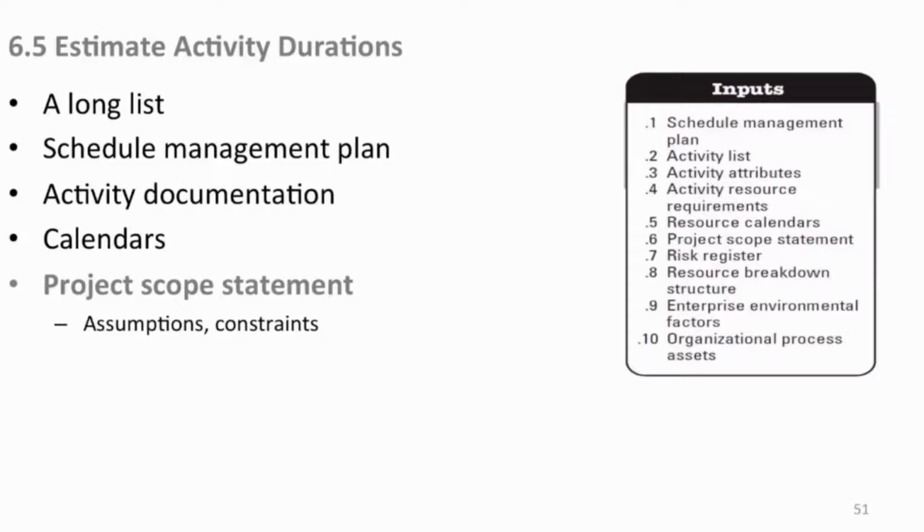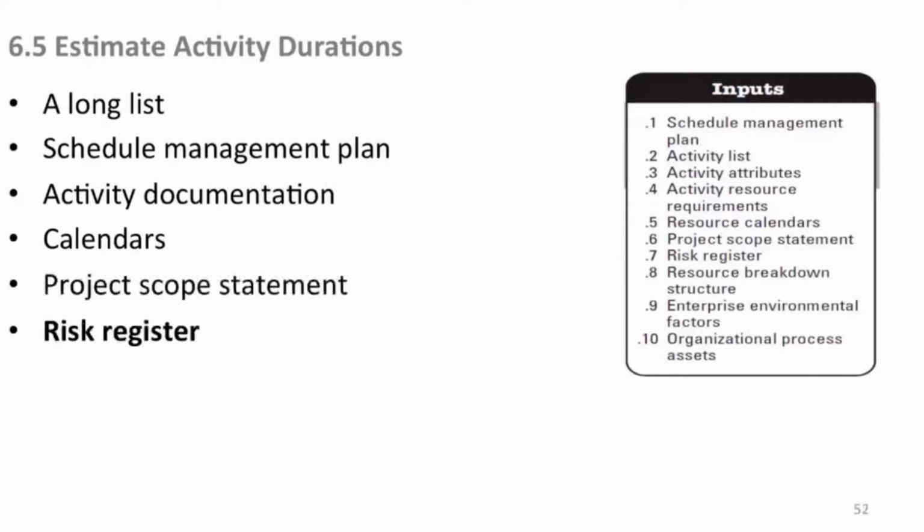In particular, it still has in there assumptions and constraints that we need to manage. So those are handy to have now as we're talking about time. We may have to put some arbitrary leads or lags in there to accommodate some assumptions or constraints. And if it's a real hard constraint, for example, we may put a milestone in there. We need to do something before or after this point. So you need the scope statement to help you determine those things.